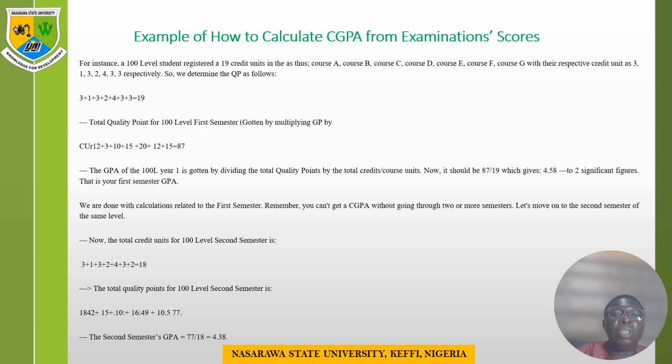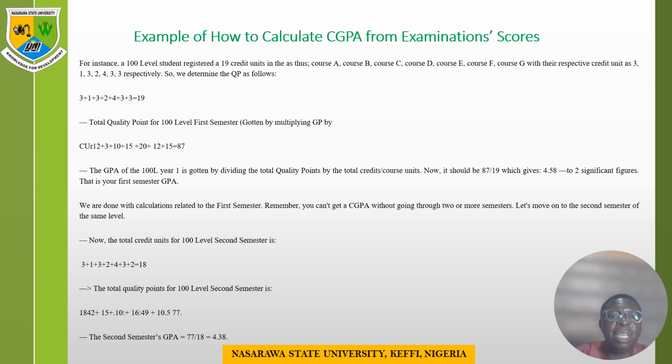Example of how to calculate CGPA from examination score. For instance, a 100 level student registers 19 credit units as thus: courses A, B, C, D, E, F, G with their respective credit units as 3, 1, 2, 4, 3, 3, 3 respectively.